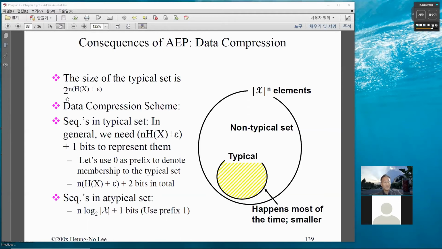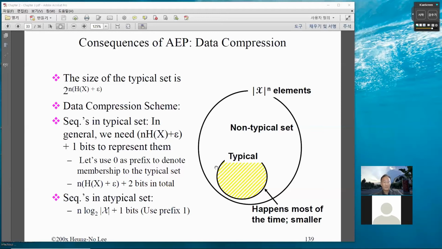That's the number of bits you would need, okay? But in case this number is not an integer, you add 1 bit to make it an integer. So you have n(H plus epsilon) plus 1 bits to represent each sequence within a typical set, okay?